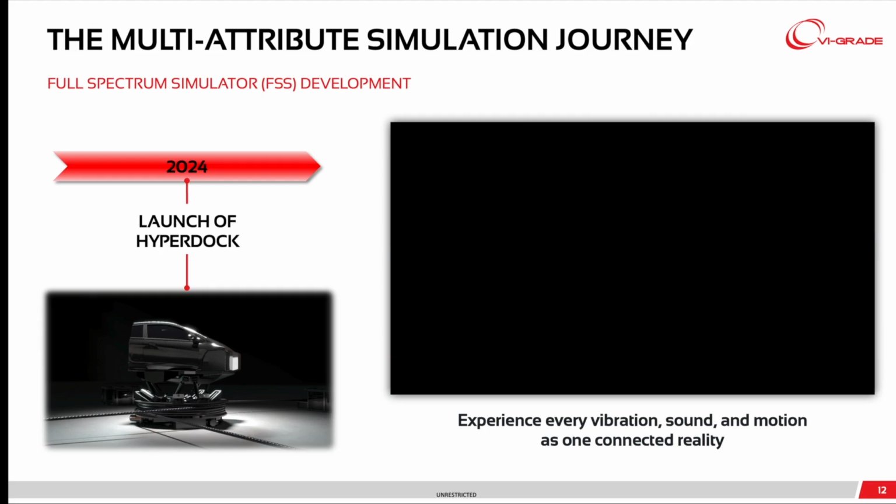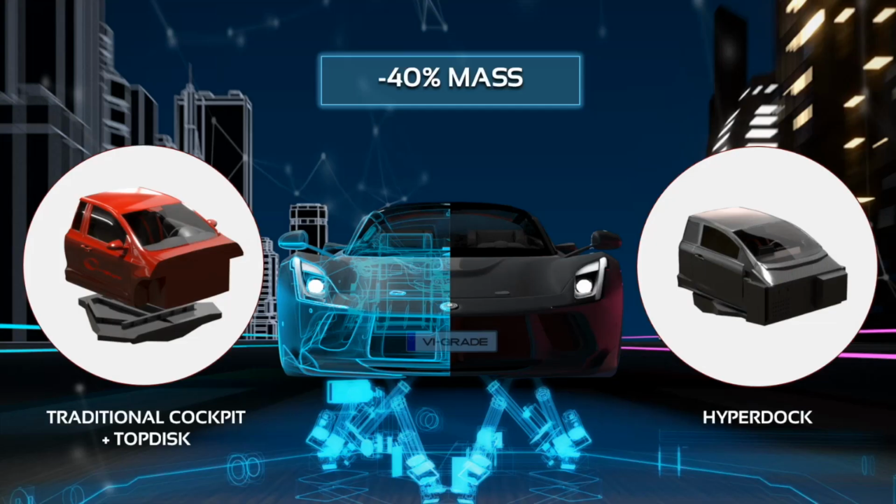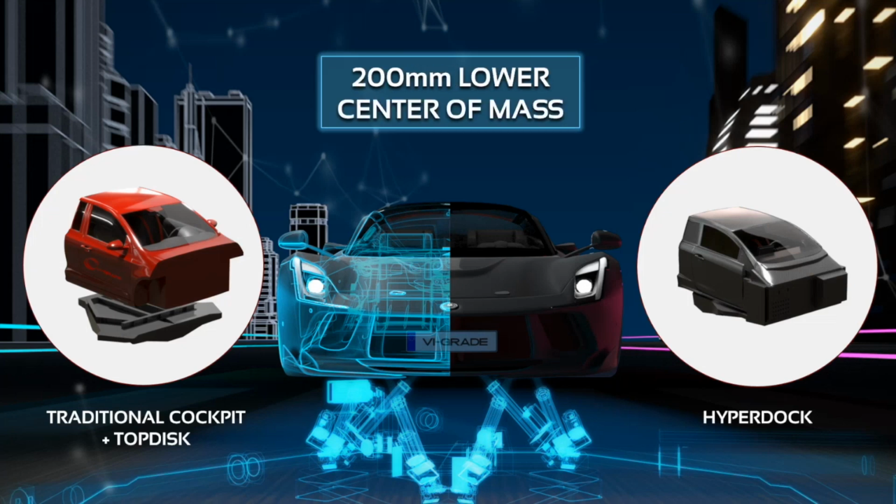First of all, it has a 40% reduction in mass, since compared to a traditional cockpit, we are taking away the top disc, which is the connection plate between the DIM and the cockpit itself. It has 7% less inertia because of how the mass is distributed around the cockpit. It has a 200 millimeters lower center of mass.